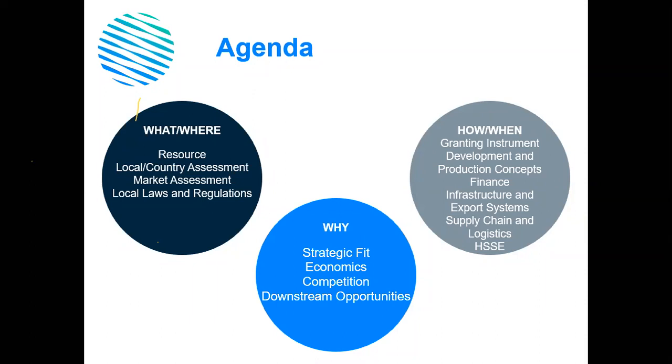The how and the when is the granting instrument, the development and production concepts, finance, infrastructure and export systems, supply chain and logistics, and HSSE. And then the why is the strategic fit, economics, competition, and downstream opportunities. So we're going to get straight into this. We'll start with the what and the where. We'll then move over to the why, and then the how and the when.